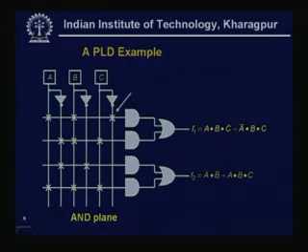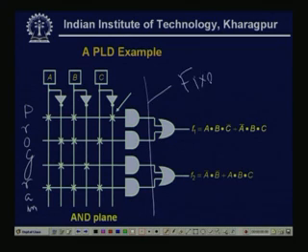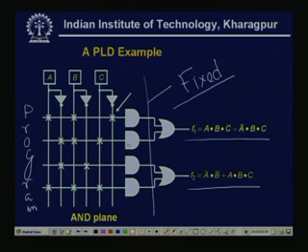As we have already seen, for this particular design, this is the programmable AND plane, and this is a fixed OR plane, and in this case the 2 functions f1 and f2 are realized.